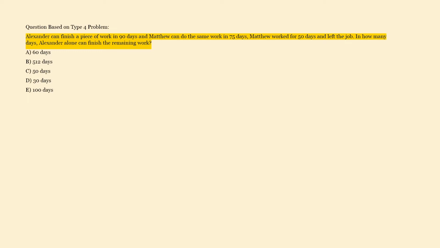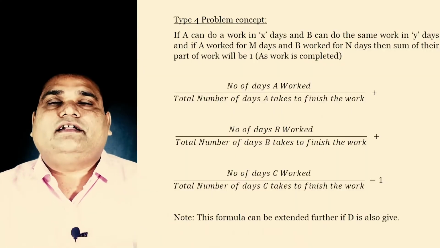So we know, as per the formula, number of days A worked divided by total number of days A can finish the work, plus number of days B worked divided by total number of days B alone can finish the work, is equal to 1.